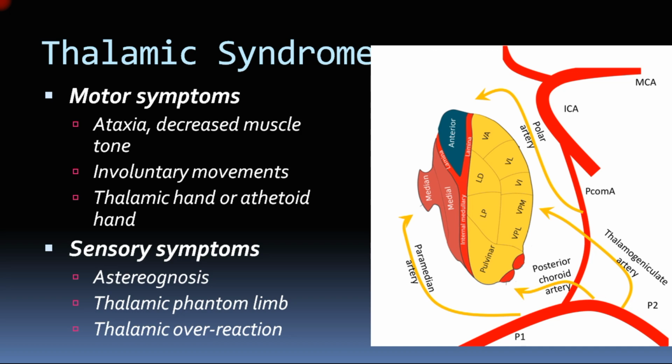It is a specific posture of the hand which includes mild flexion at the wrist and hyperextension at the fingers. So those could be the motor symptoms of thalamic syndrome. This is one of the applied aspects of the thalamus: injury to the thalamus because of blockage of the thalamogeniculate artery.